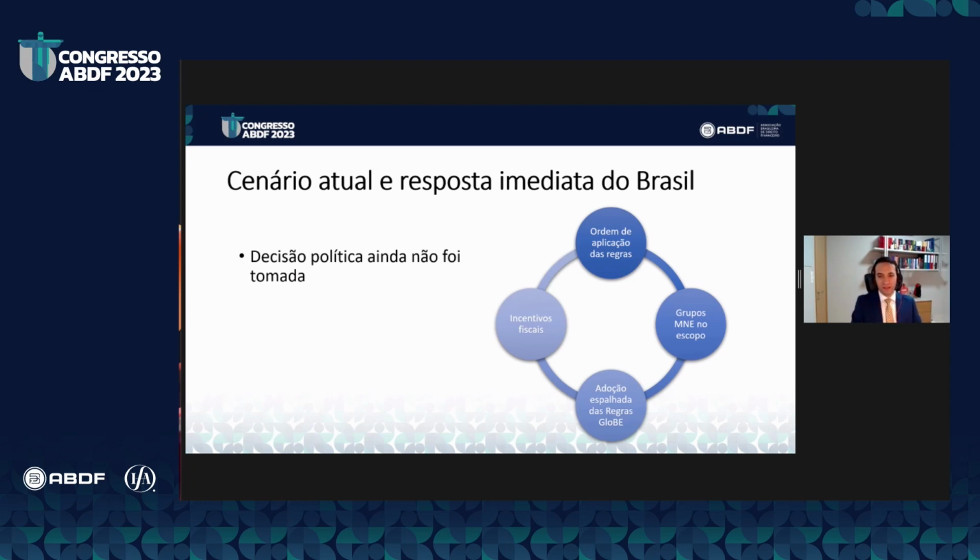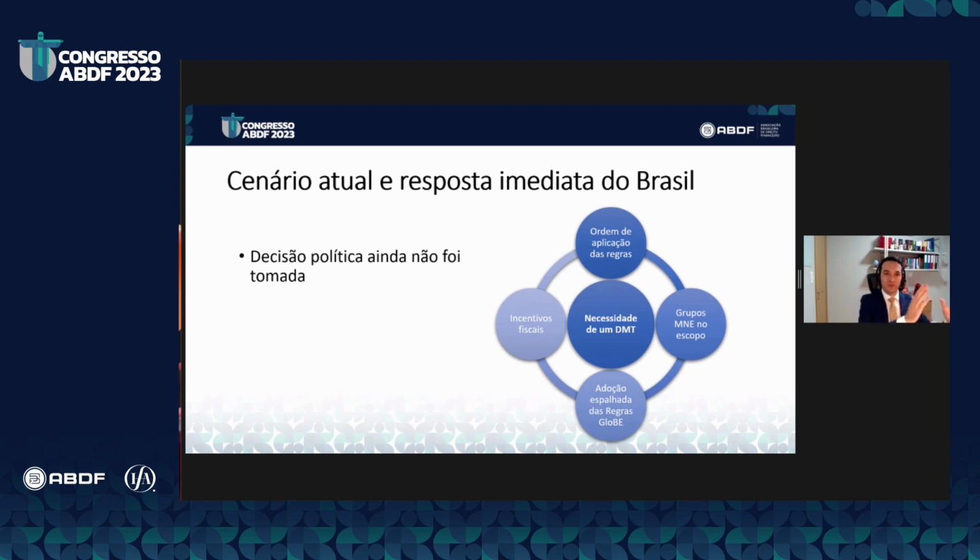Portanto, de tudo isso que eu falei, mais um clique, por favor, a conclusão imediata é que o Brasil necessitará implementar um Domestic Minimum Tax. E aí a pergunta-chave não é qual medida o Brasil precisará implementar, nem se o Brasil precisa implementar.